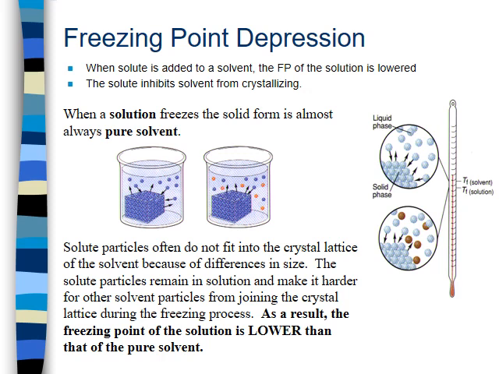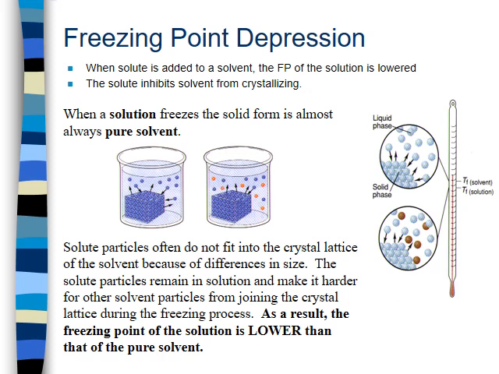The solute particles usually don't fit into the crystal lattice structure. They're usually of different sizes, or they might be of different polarity, for example. So because the solute particles don't fit into the crystal lattice easily, the solid that's freezing is normally pure solvent.